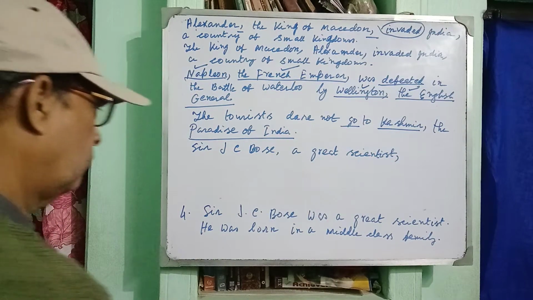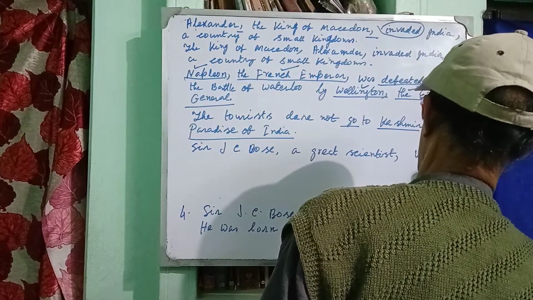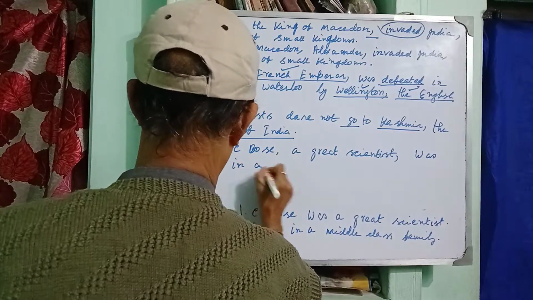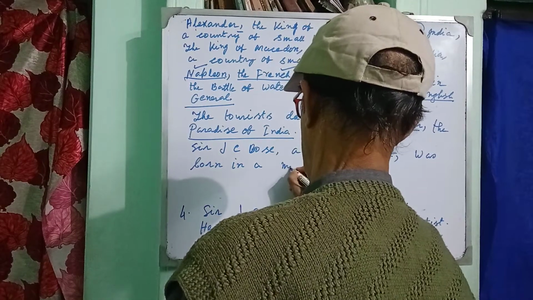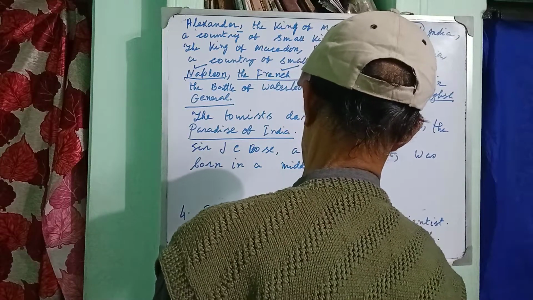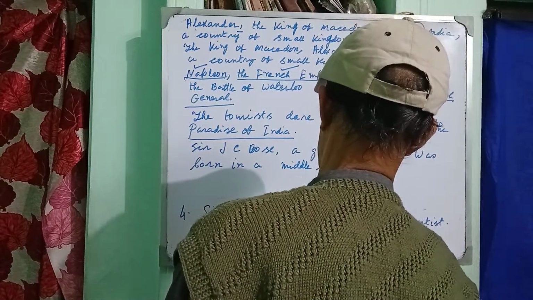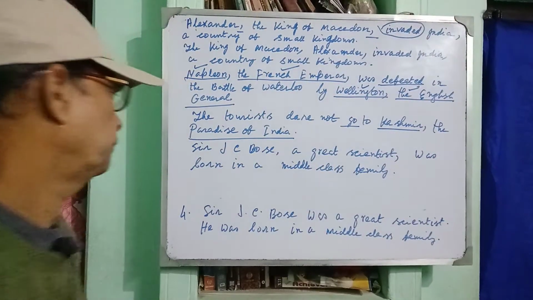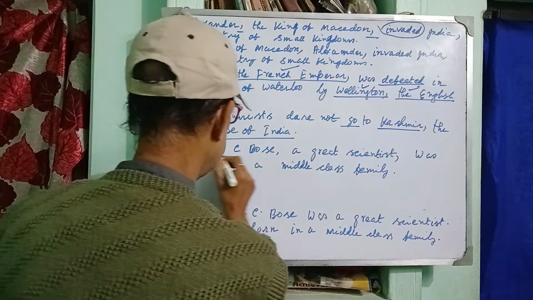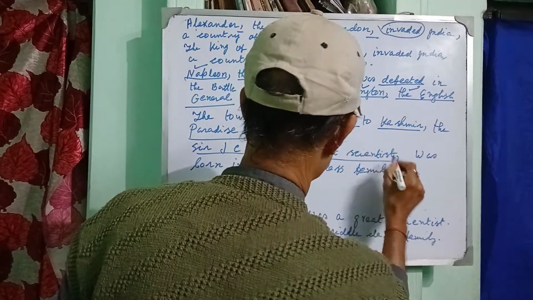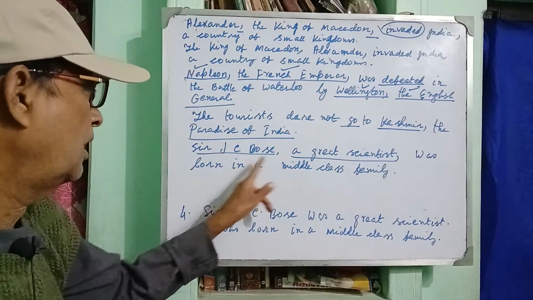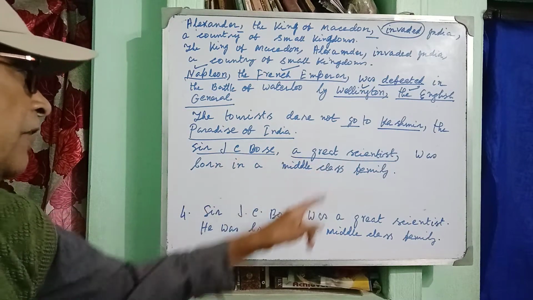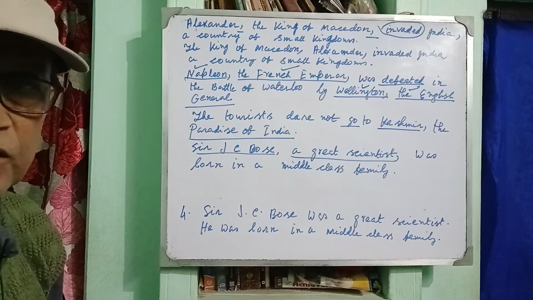A great scientist was born in a middle class family. Full stop. You see, Sir J.C. Bose, a great scientist. Sir J.C. Bose is noun, a great scientist is noun phrase. So the noun and the noun phrase suggest the same person. So there is no problem.